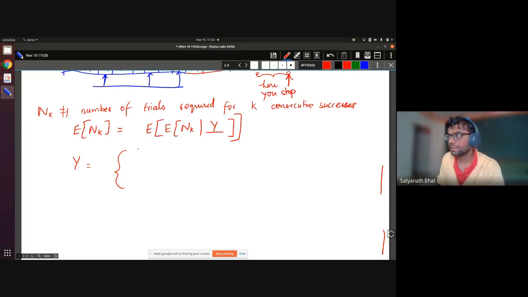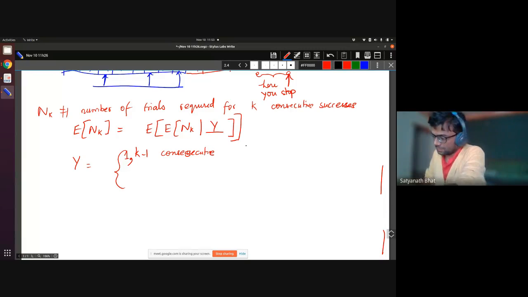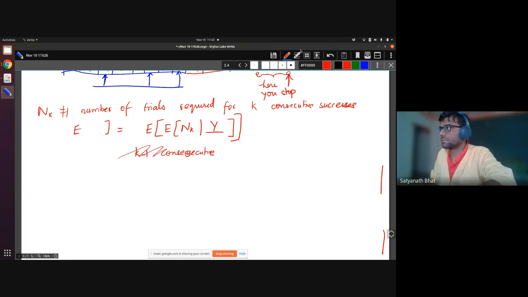Y is the event that you have k minus 1 consecutive successes. So this is going to be 1 or 0, 1 if k minus 1. Okay, this is going to be a little more complicated than I thought it would be. So let's not go here just a little bit.